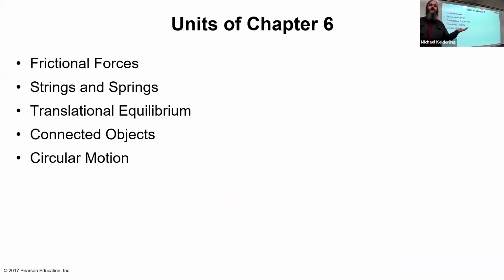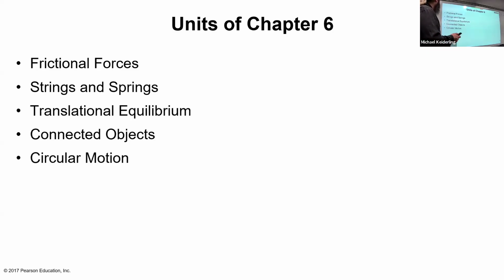Then we will move on to strings and springs and start covering some of the stuff we actually been doing in labs. Then we'll talk about translational equilibrium. Which is a subset of the more general static equilibrium, which you can really go hog wild for.